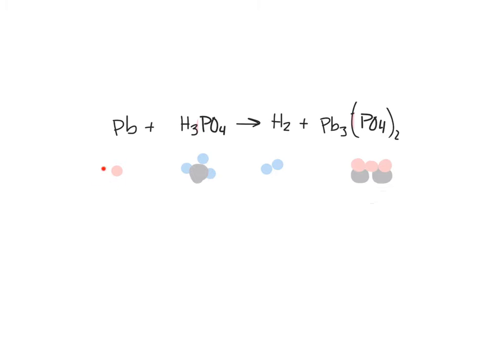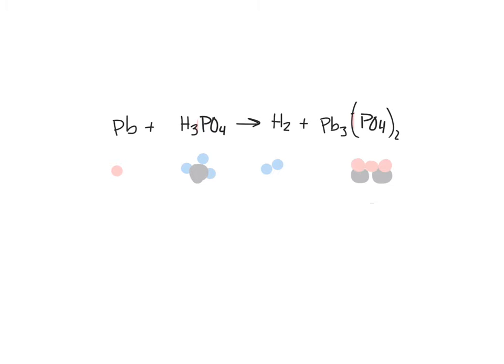So we have an atom of lead, we have a molecule with 3 hydrogen and 1 phosphate, we have a hydrogen gas molecule here, and our lead phosphate here. So there's 3 lead in red and 2 phosphates. And I know this isn't correct in terms of our molecular models, but for visual representation it'll do for now.